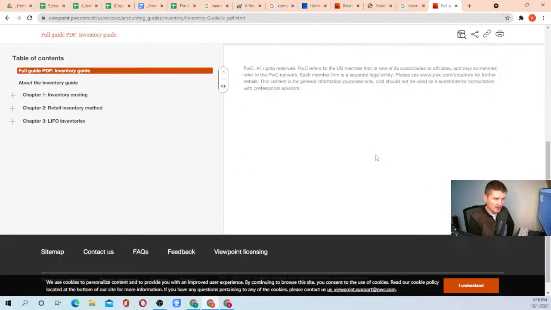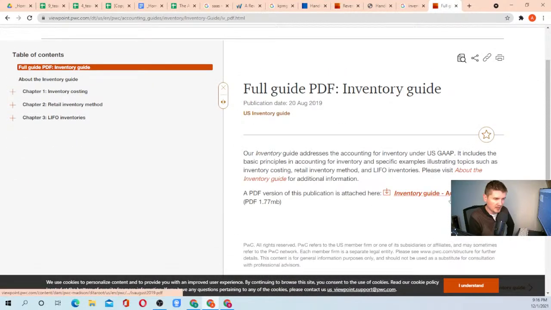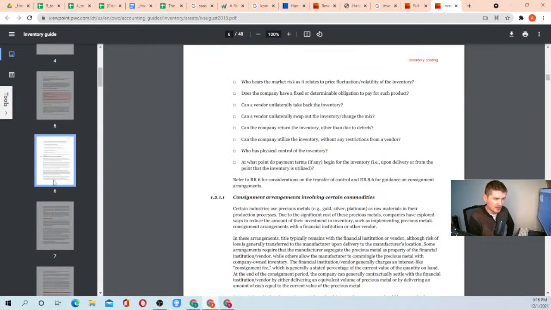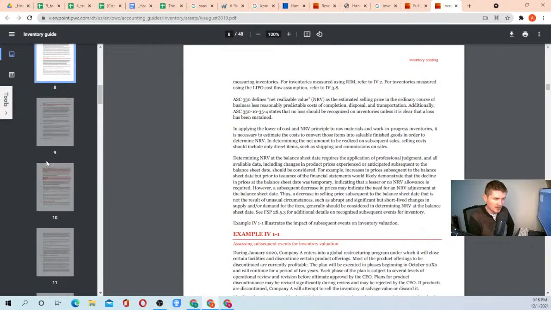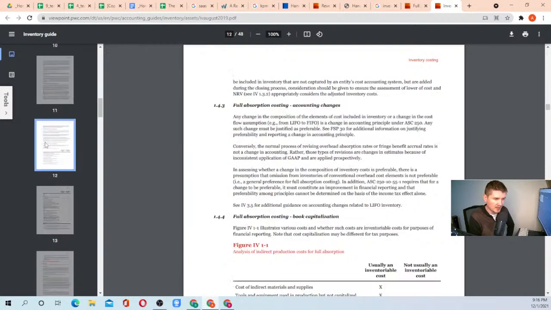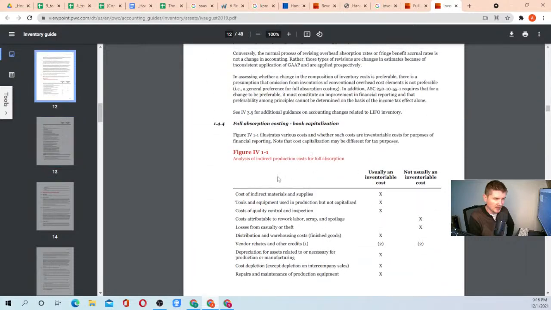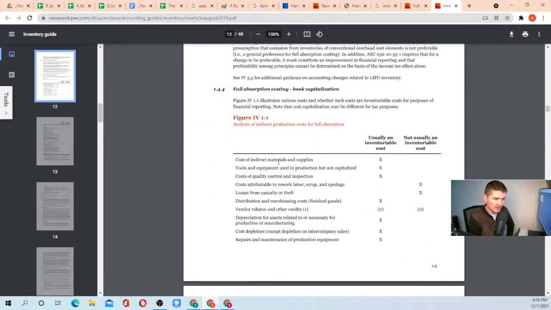Where is the PDF? So in the inventory guidance here, and I'm sharing the link. Oops, not the right one. Okay, so like here they have a big list of whatever can be included in the cost of inventories.